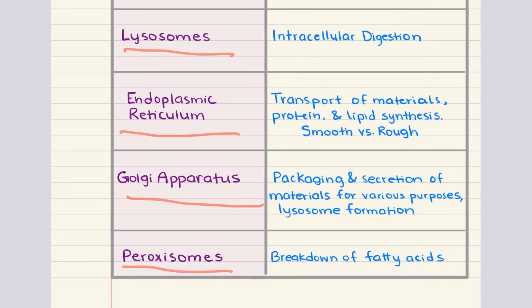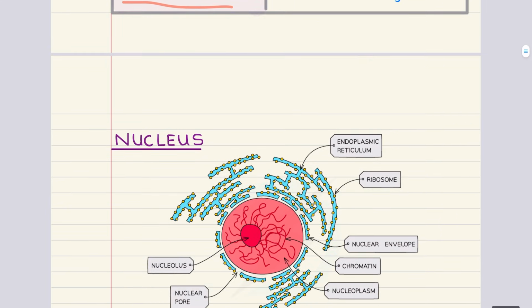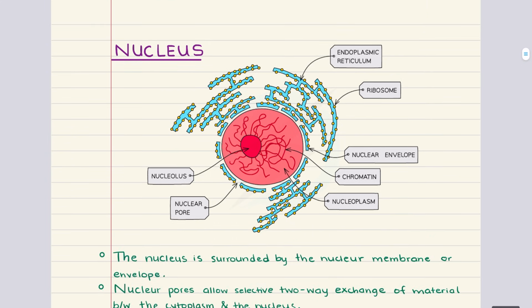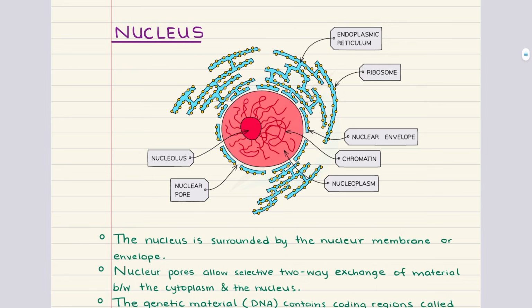Now that we know the main components of the eukaryotic cell, let's begin discussing the structure and function of the nucleus in a lot more detail. The nucleus, again, is often described as the control center of the cell because it houses the genetic material that directs all cellular activities, from protein synthesis to cell division.